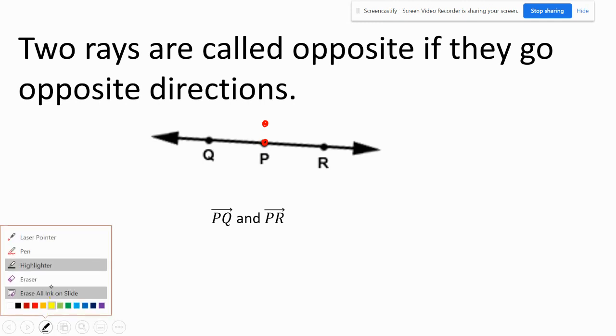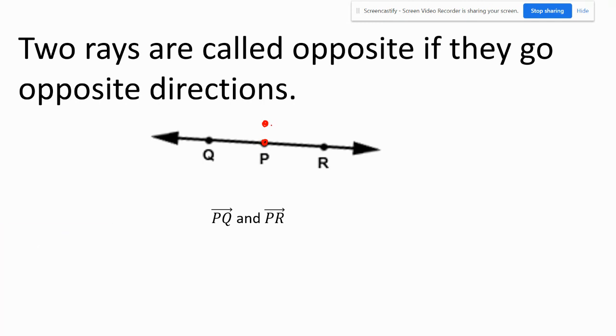So it would look like that on the graph, but I'm just putting the reference on the top. PR means you start at P and you go through R. Once again, I just drew it above the picture, but we can see that they go opposite directions. One goes to the left, the other one goes to the right.